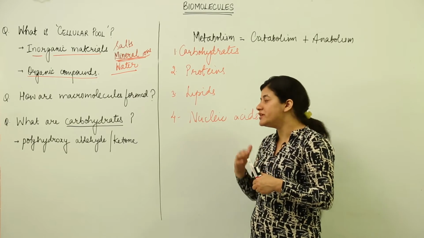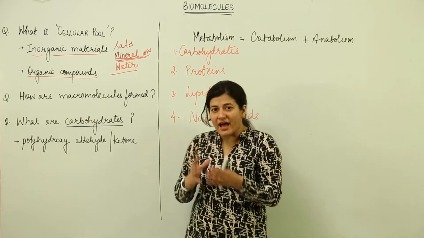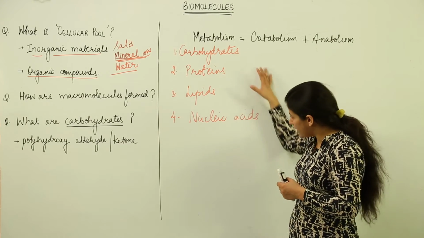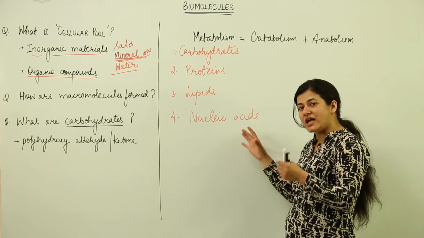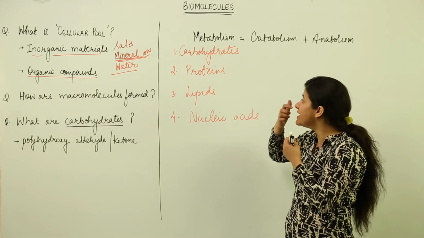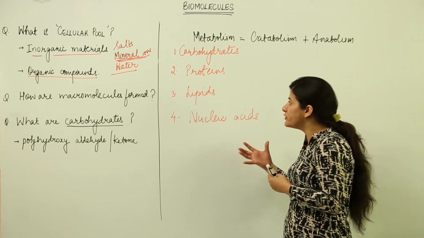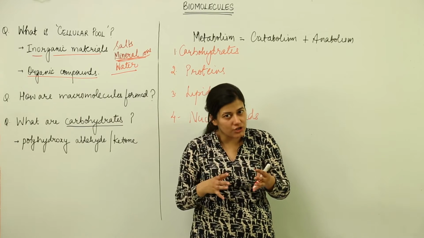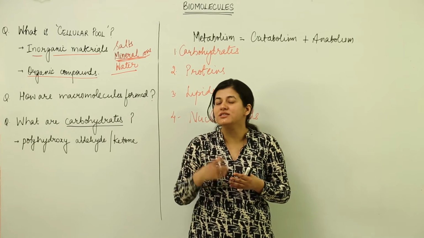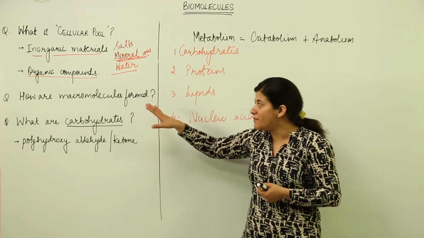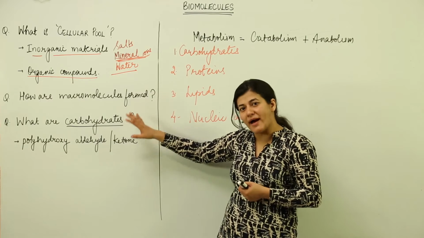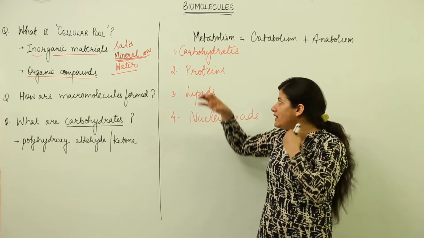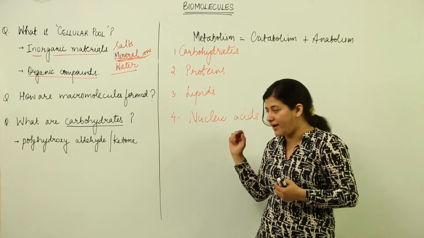I am telling you this in the context of these four: these macromolecules are large size organic molecules, and they have such an arrangement and composition that they form certain crevices, their specific shape and structure is formed, and in that process they carry out the activities. So the macromolecules are often formed by a polymerization process where many molecules come together and they undertake the activities which are required from them.